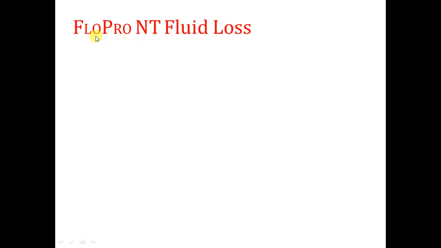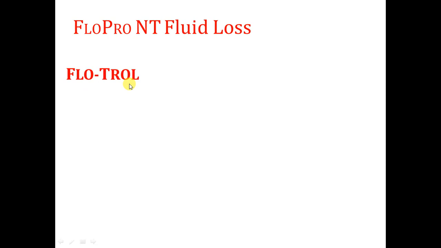Number three, the components for the FlowPro NT fluid loss additives. Number one is called Floetrol, and I have already worked with this polymer Floetrol. It's a very important polymer.